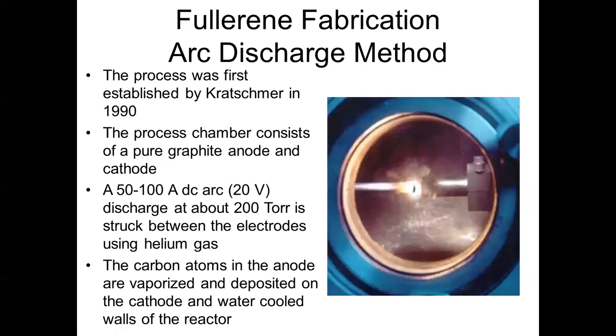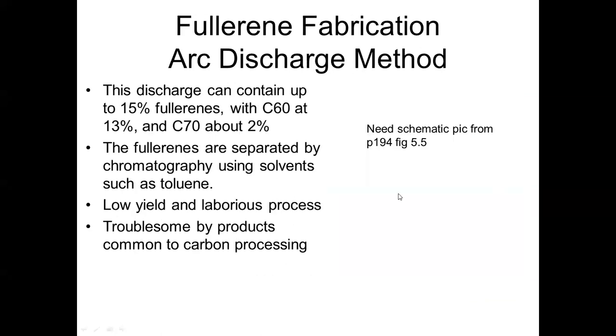So we try to control the process as much as possible to get a tight Gaussian distribution of the particular derivative that we are looking to manufacture. This discharge can contain up to 50% fullerenes, with C60 at 13% and C70 at about 2%.